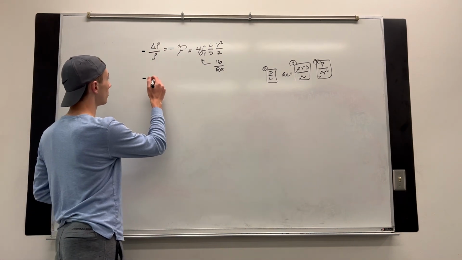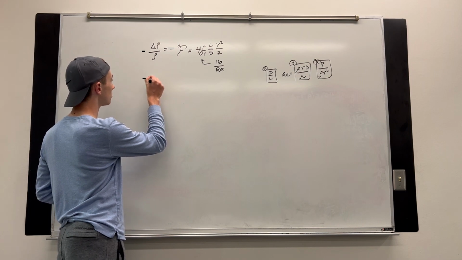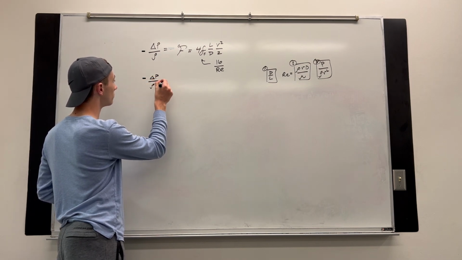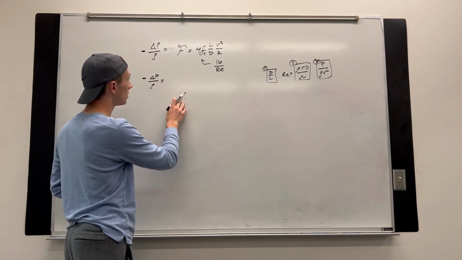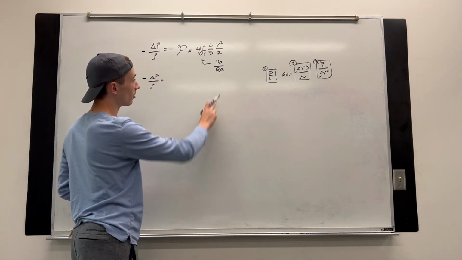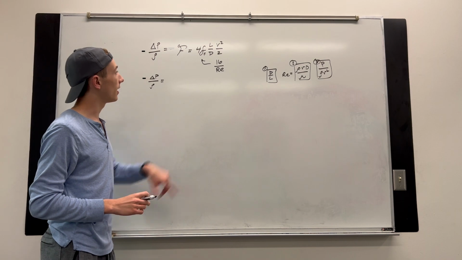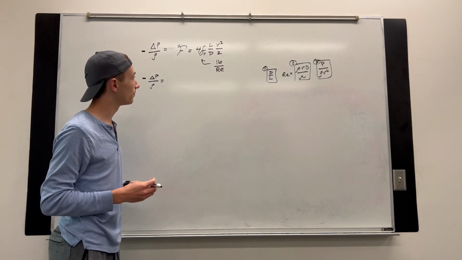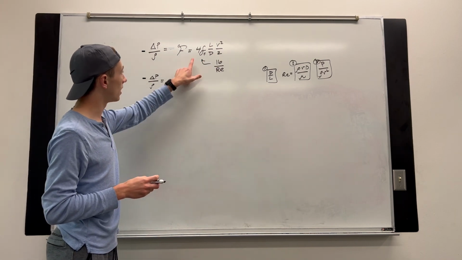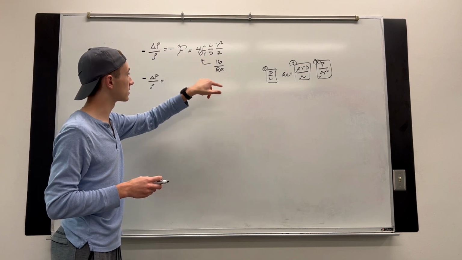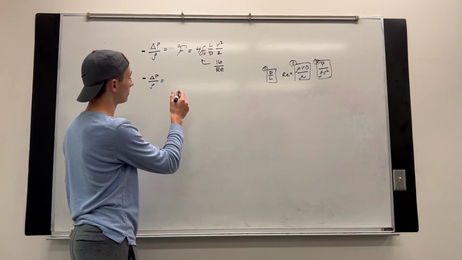So, we can rewrite this. We have delta P over rho equals, we have 4 times 16 over the Reynolds number divided by 2. So, we take all those into account, we get 4 over 2 is 2 times 16 is 32 divided by the Reynolds number.